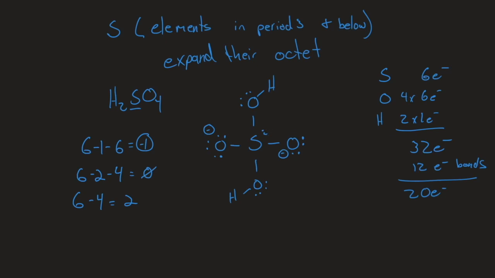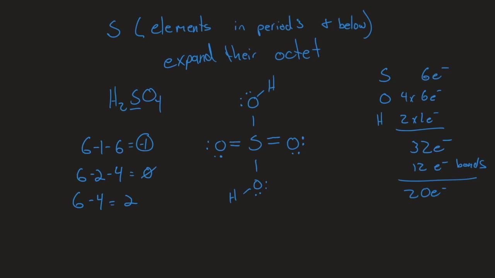And so I'm going to take away 1 lone pair from oxygen and share it with sulfur. And that's going to give me a neutral charge on that oxygen. I'm going to repeat that on the other side. Take a lone pair away, and share it with sulfur.